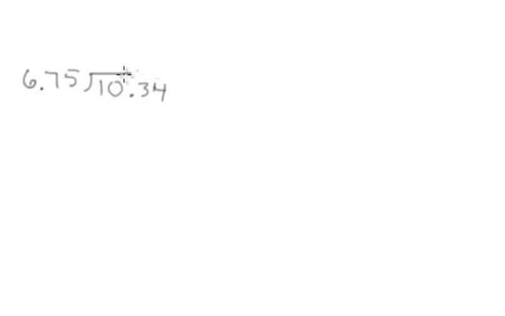What I do here is move the decimal place of my divisor to the right till it's gone. How many places did I move it? I moved it 1, 2. Now I move the dividend's decimal 2 places too, 1 to the right, 2, and there's my decimal place. So now I take 675 and divide it into 1034. Now it's a much easier math problem.